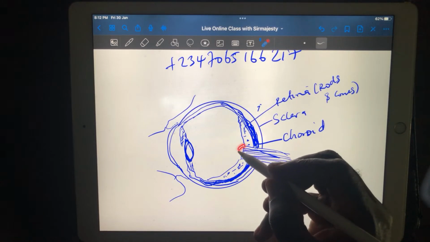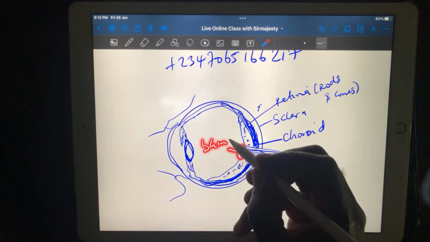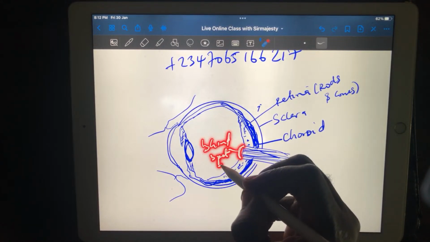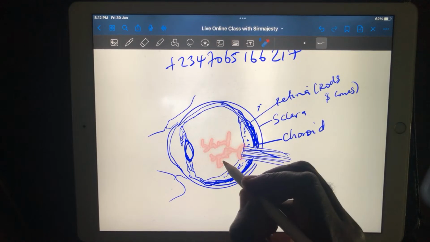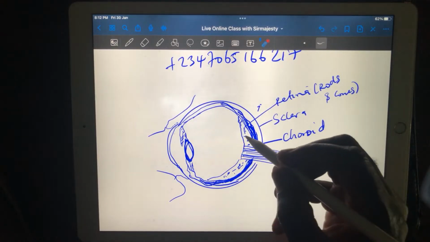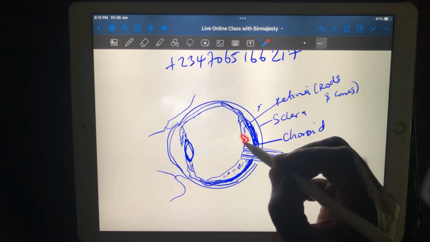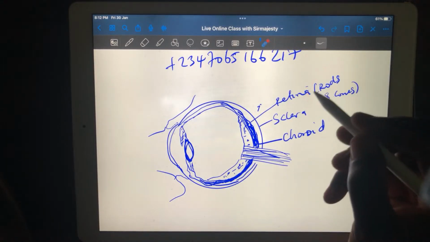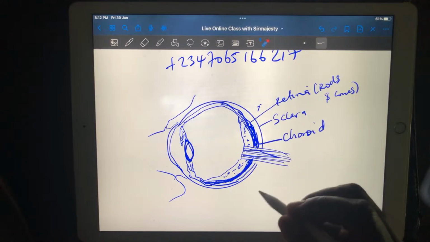And then this point where the optic nerve exits is called the blind spot. Okay, you stay on. I'll give you an experiment on the blind spot where you open your eye and you will not see anything. That is surprising and unbelievable. When you do the experiment, you see it live. And remember, the part of the retina where rods and cones are highly concentrated is called the yellow spot.